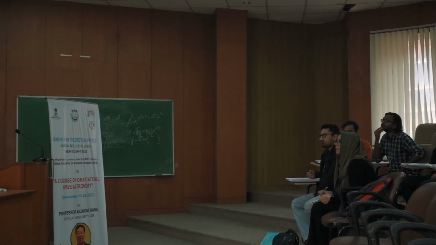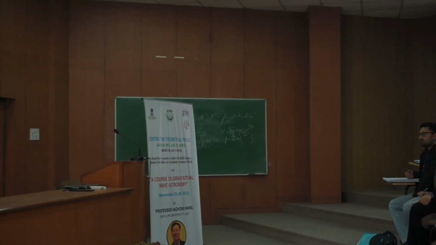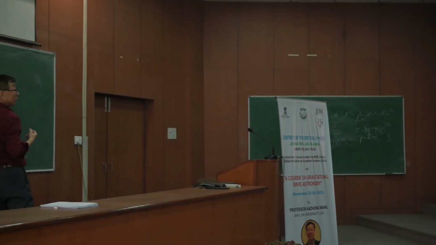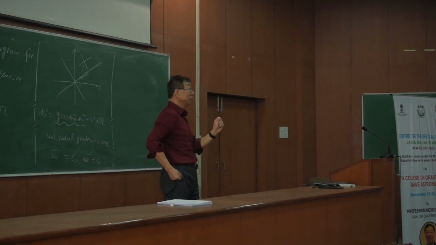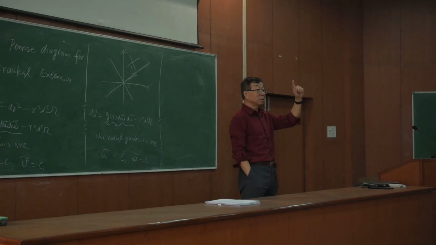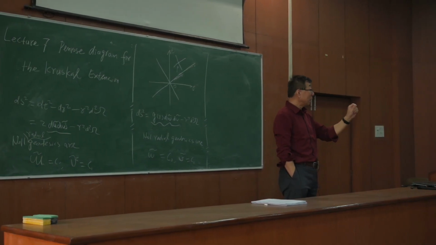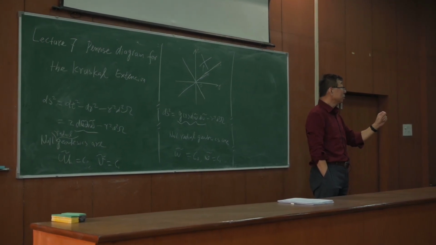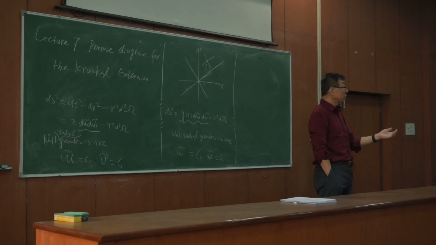Again, because of the null geodesic properties, it is still 45 degrees. If you give me any given point, I can immediately tell you how the particles will move after that point, right?